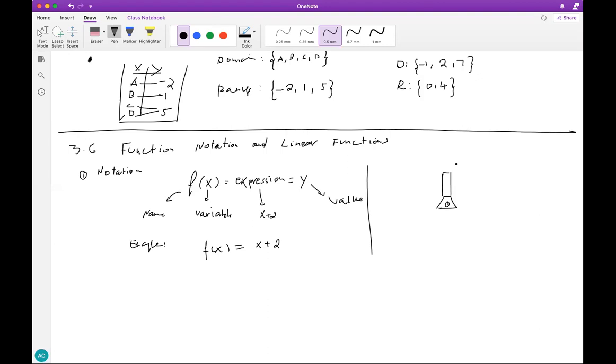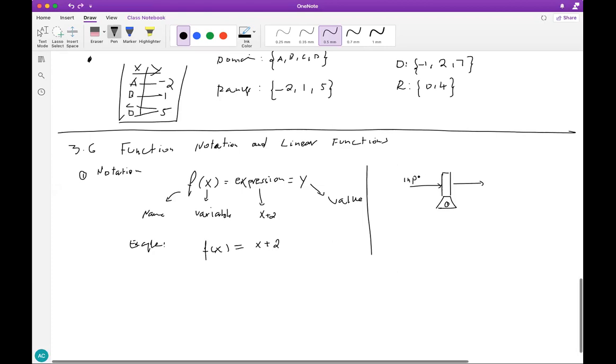So that's a function. Just like here, f is a function. This blender performs a function. So basically it takes something in and it gives us something out of that. The in is called the input. And what we get out of it is the output.